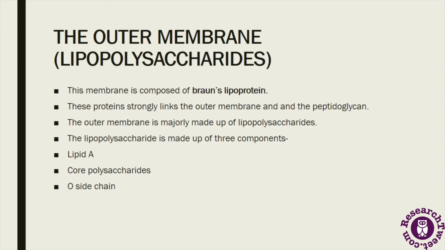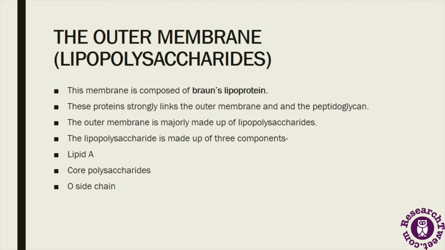The outer membrane is majorly made up of lipopolysaccharides, which are commonly called LPS, and they are large complex molecules made up of lipids and carbohydrates. The lipopolysaccharide is made up of three components or three units, which are named lipid A, the core polysaccharide, and the O side chain.